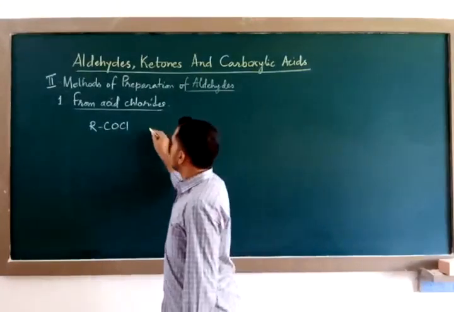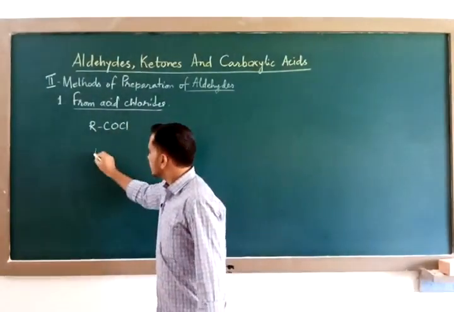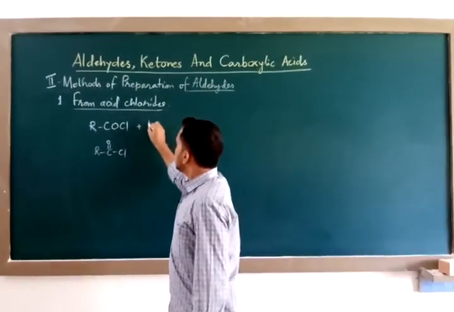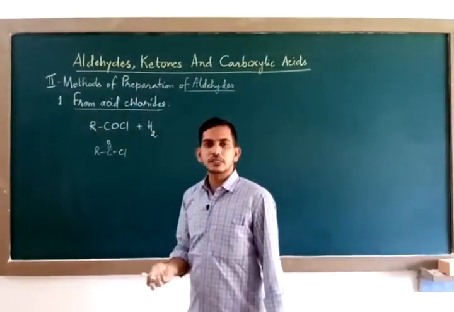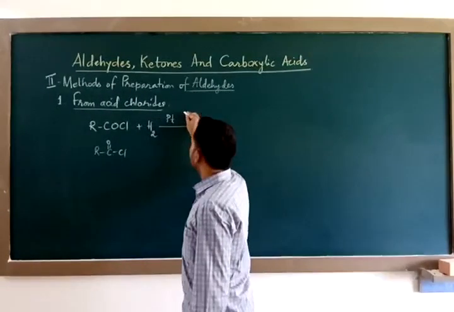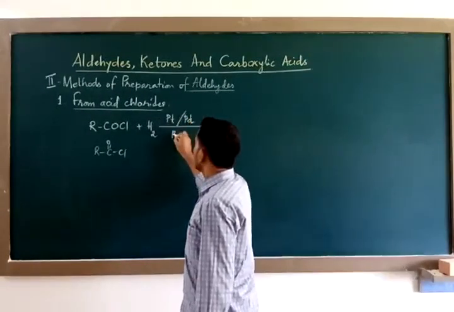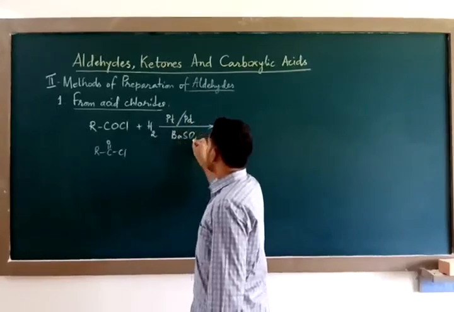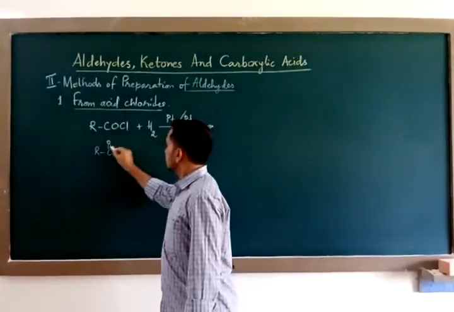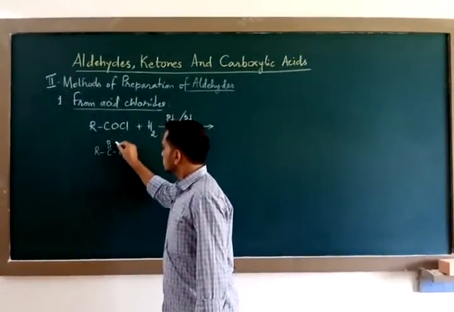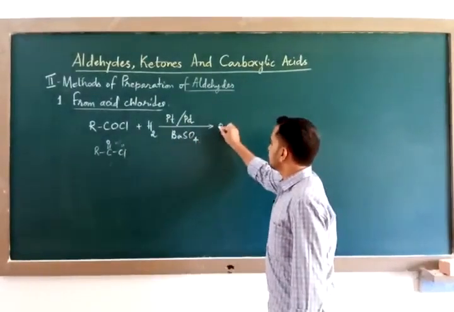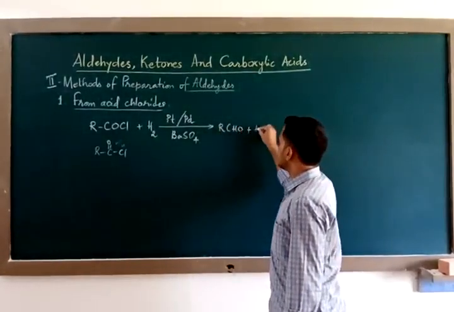Whenever it is reduced, reduction meaning addition of hydrogen, in the presence of a catalyst like platinum or palladium in presence of barium sulfate. This is compulsory. Then how is the product obtained? You add one hydrogen here, another hydrogen here. Then what product will you have? You will have RCHO, aldehyde, plus HCl.